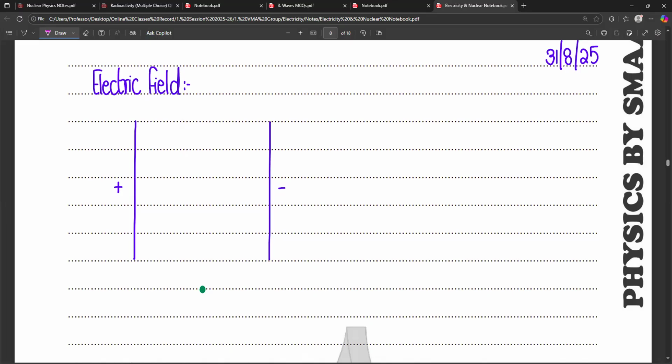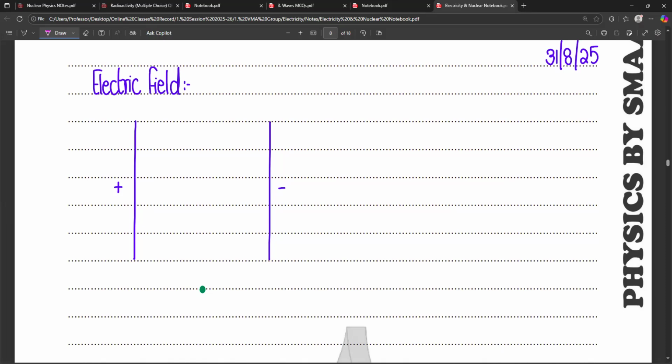So electric field is constantly traveling from positive to negative between these two plates. So when alpha starts to pass through this two plate setup, what will be the deflection? Alpha will go towards negative side. Right. So alpha deflects towards negative side because alpha itself is positive. So positive negative attracts. Right.